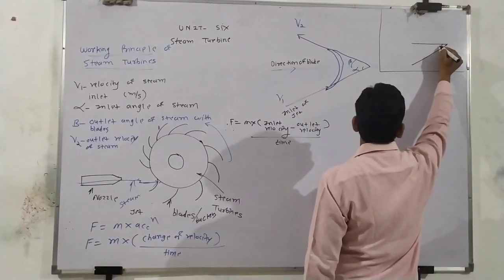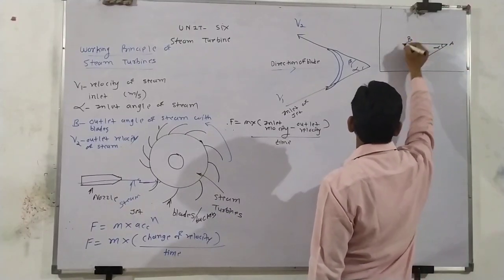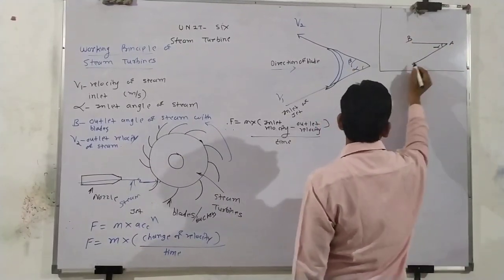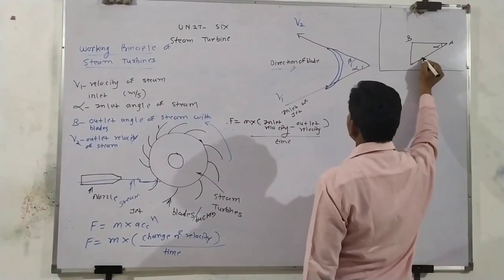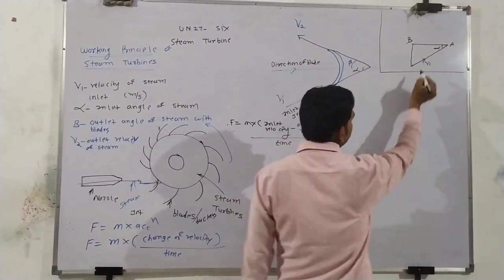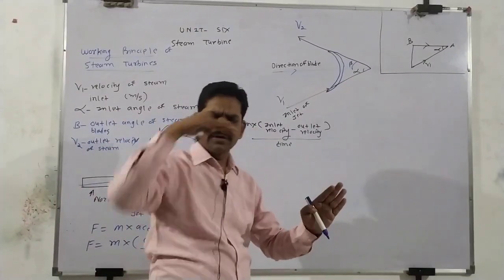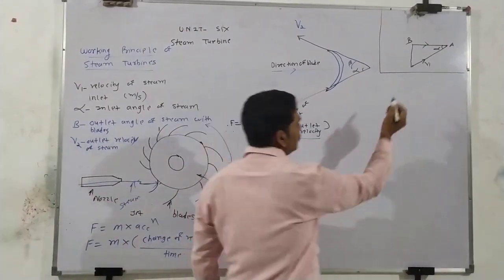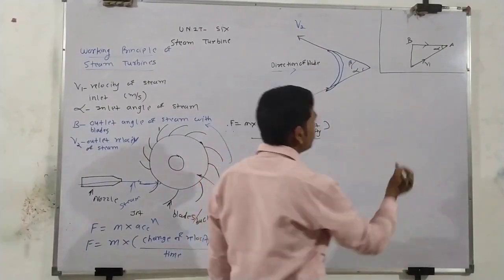Here is alpha. Suppose I call this point A and this point B. Then draw the perpendicular. So what is the inlet velocity here? V1. This is the blade direction. Initially, the blade is rotated like that. So what is the value of AB? This AB is determined using cos alpha.